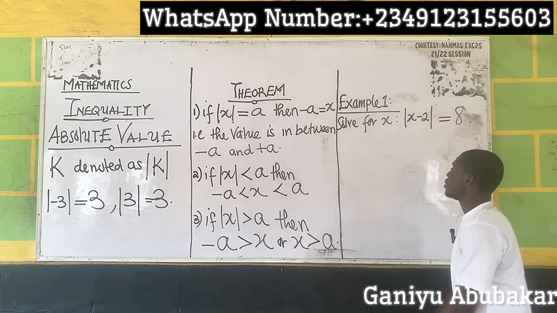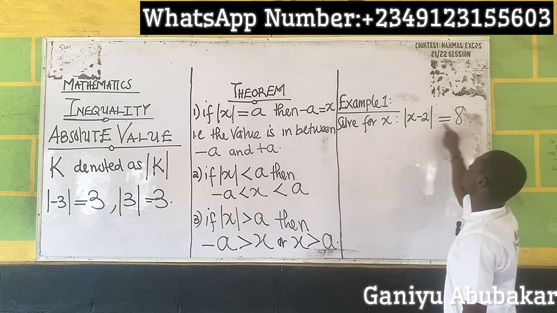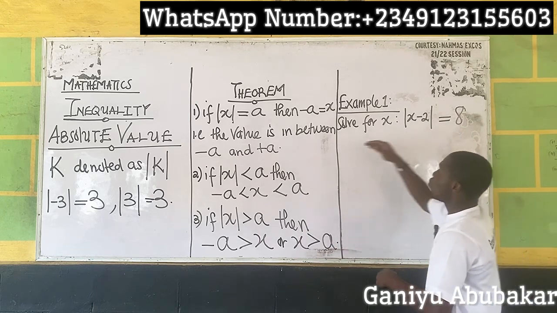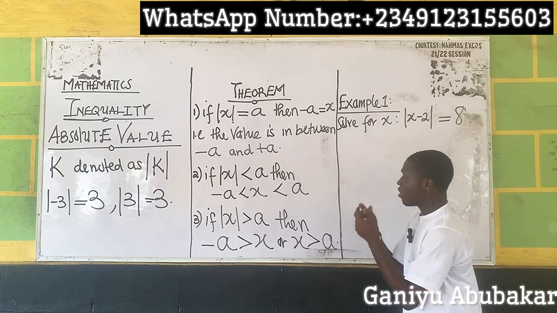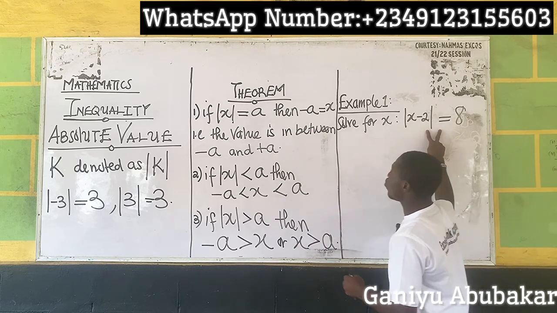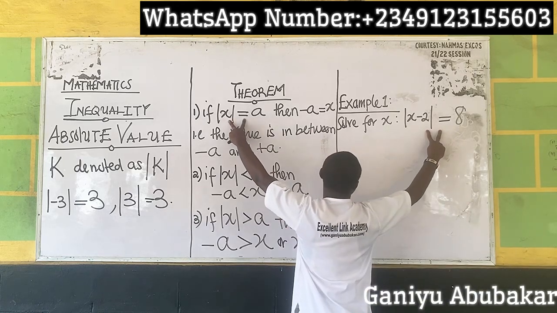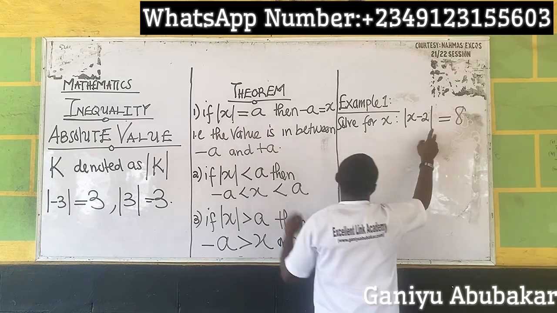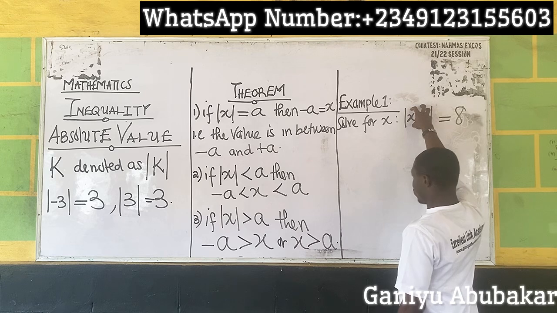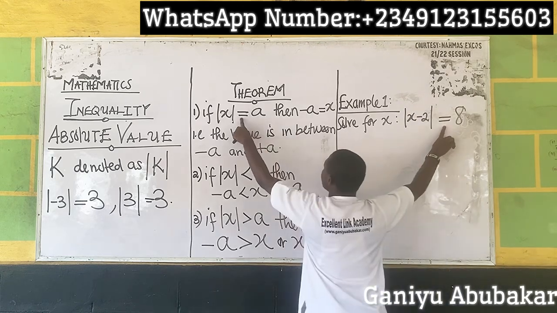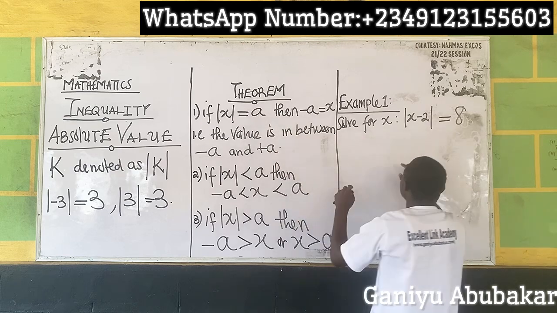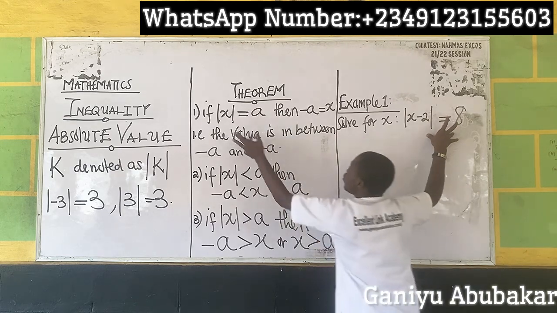First things first, please, question: what form or what theorem does this question follow? 1, 2, or 3? If I observe very well, it follows my first theorem. As you can see, the absolute value of a term is equal to a. This 8 will serve as my a. So this one here follows my first theorem.